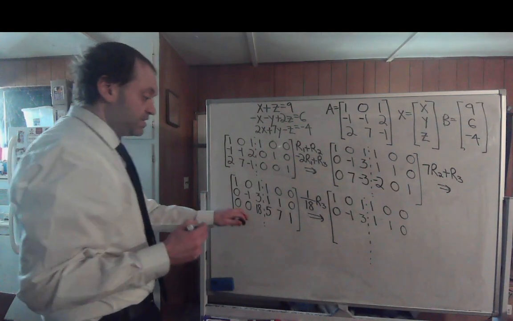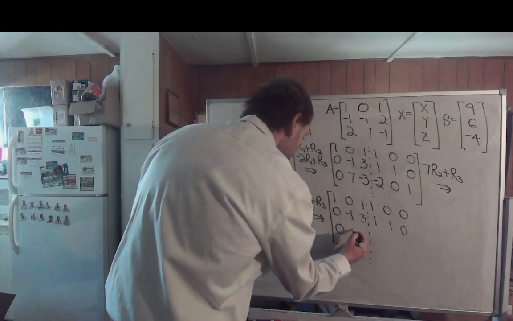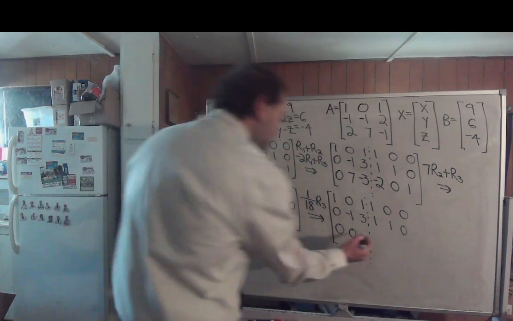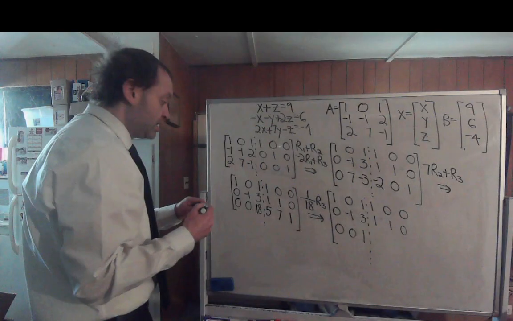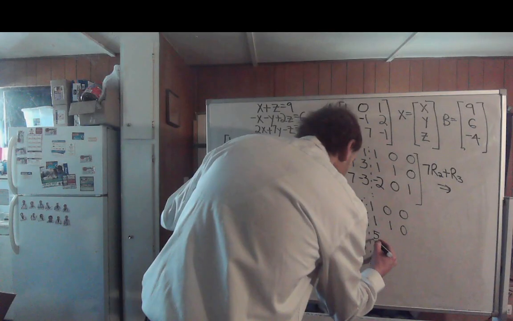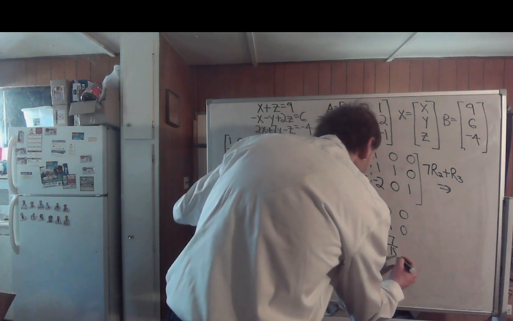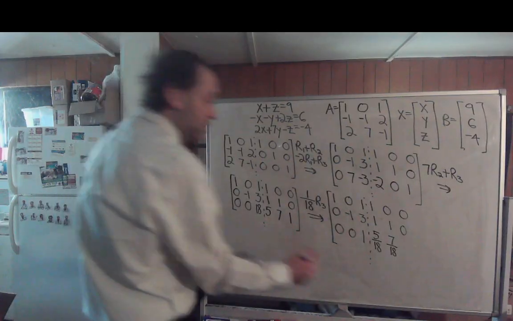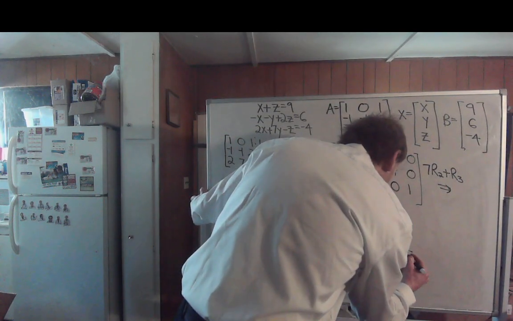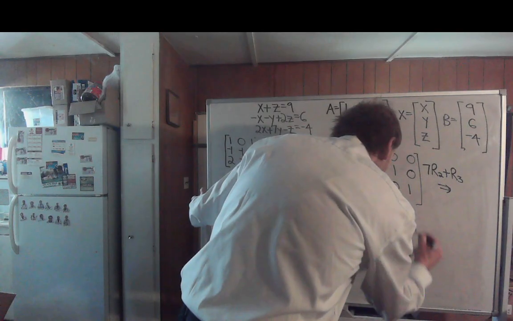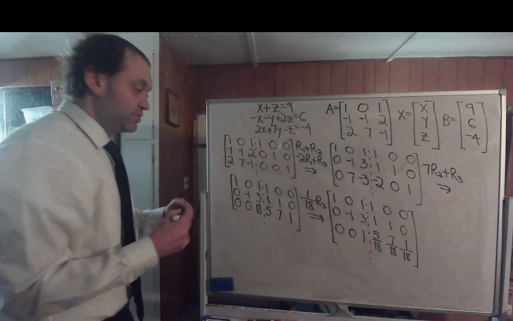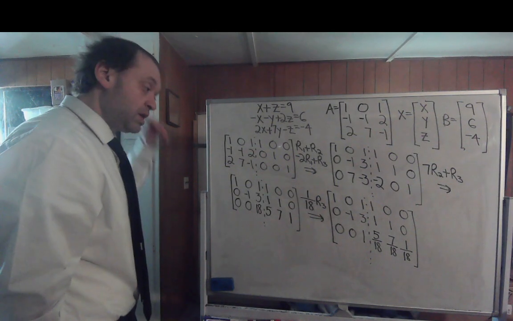So 1/18 of both zeros, well, that's still going to give you 0. 1/18 of 18 turns into 1. 1/18 of 5 is 5/18. 1/18 of 7 is 7/18. 1/18 of 1 is, well, 1/18. So now we finally reduced row 3.